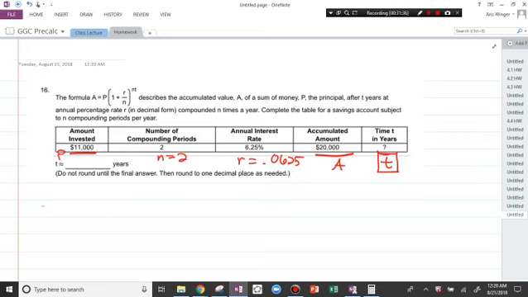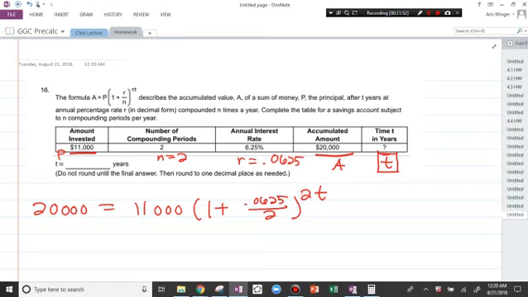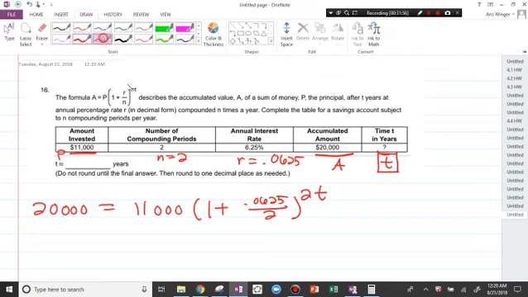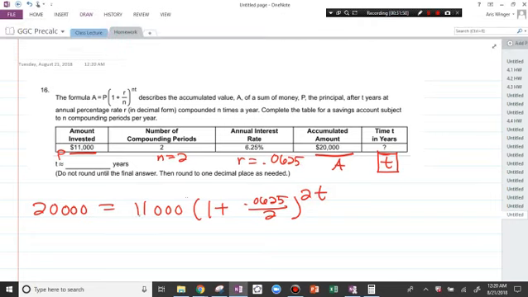Filling that stuff into the formula, it's 20,000 equals 11,000 times 1 plus 0.0625 over 2 raised to the 2 times the number of years, which is what we're looking for. Again, we're solving for t. This 11,000 is currently multiplying. I need to get rid of it.